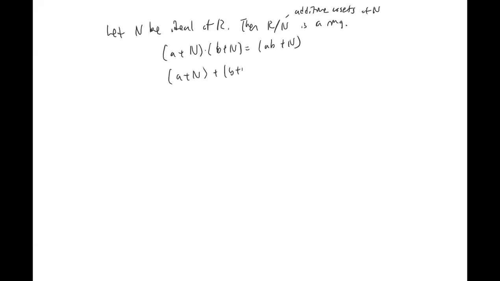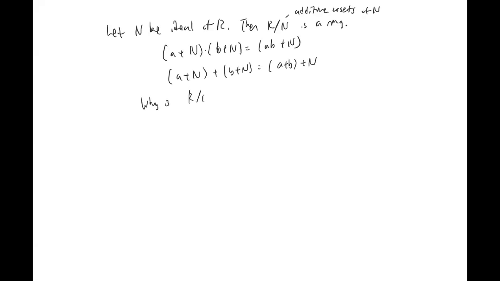So addition is obvious. It's just a plus b plus N. So first question, why is this a ring? I'm not going to go over it all, but one part is a bit easy to check.